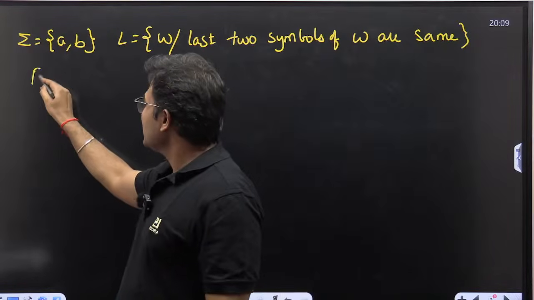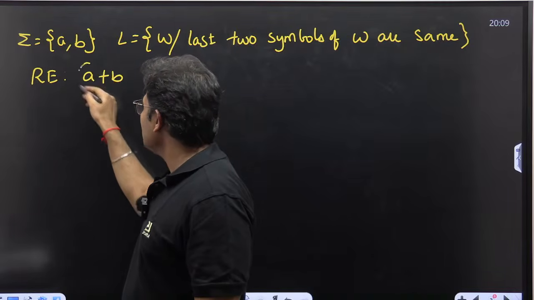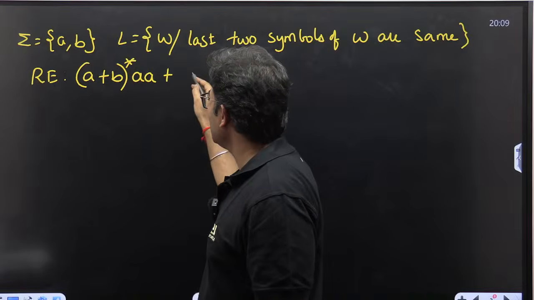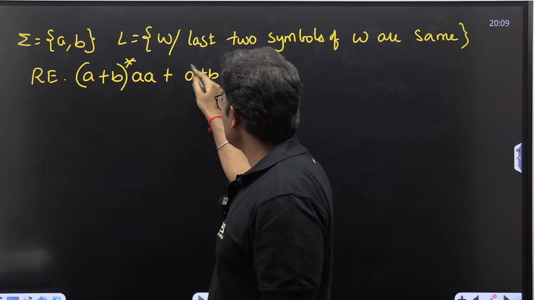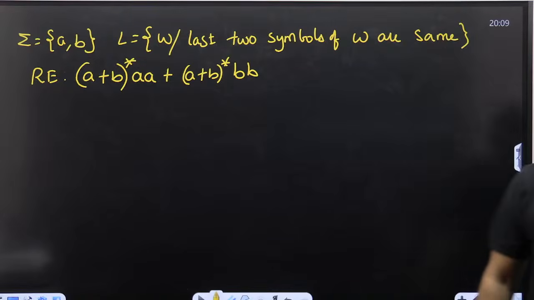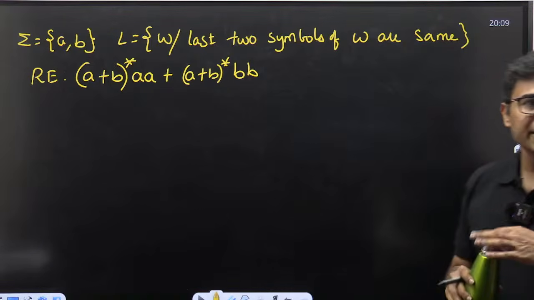Then you have given the regular expression: (a+b)* followed by AA or BB. Initially there can be anything, and it has to end with AA or it has to end with BB.